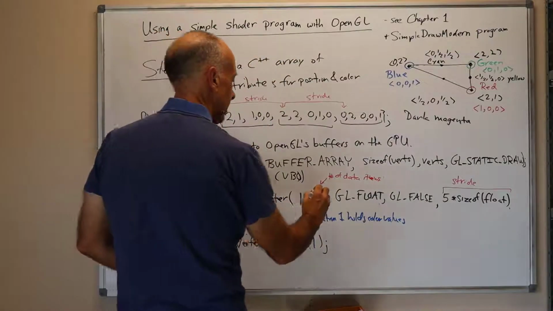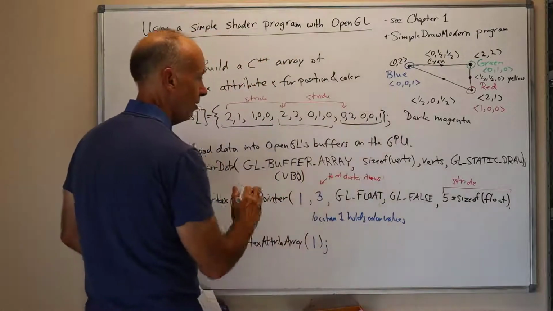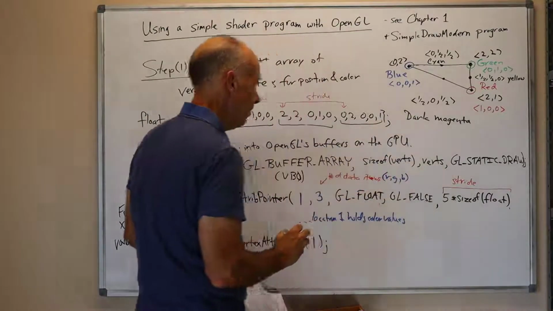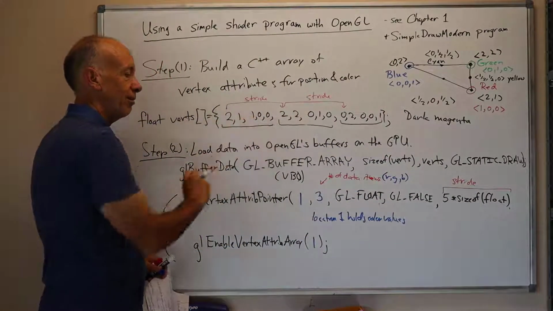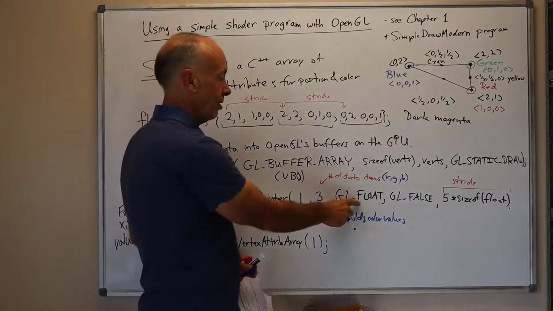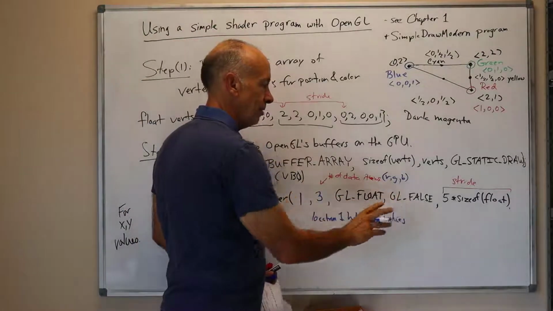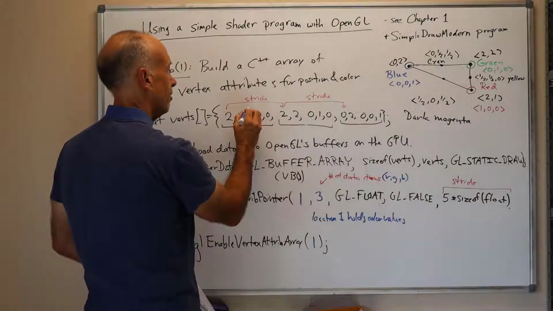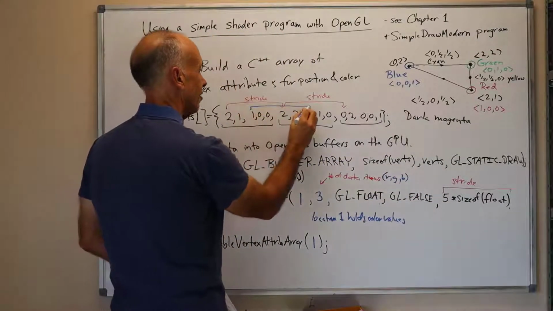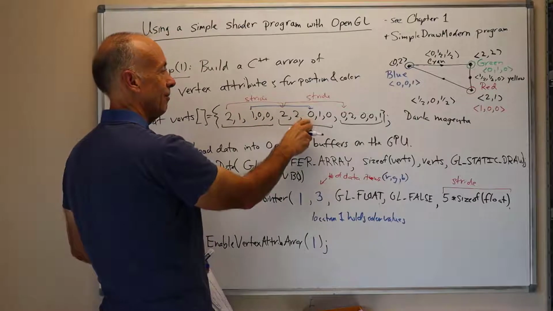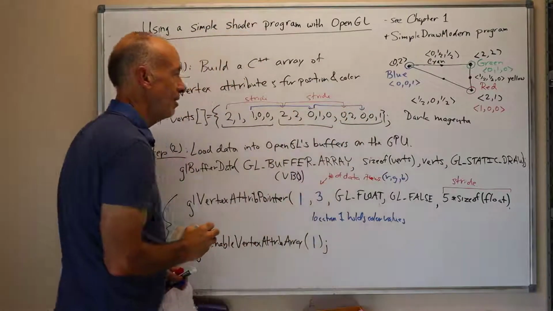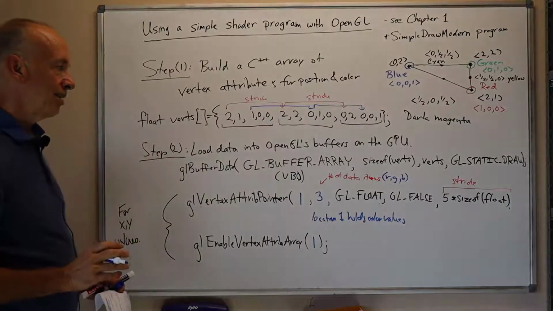And there's going to be 3 data items because there's RGB. So now it's 3 data items. RGB values, because we've got 100, for instance. They're still floats. This conversion stuff from integers we still don't care about. The stride is still the same because, see, we're going from the start of one color to the start of the next. It's still 5 floats to go from the start of one color to the start of the next. So the stride hasn't changed.